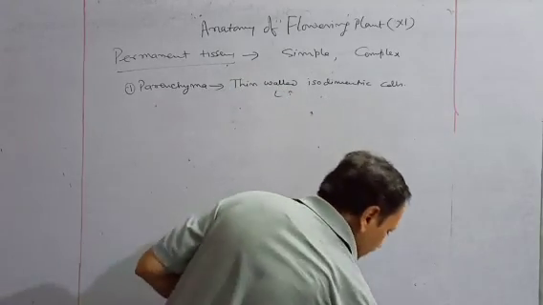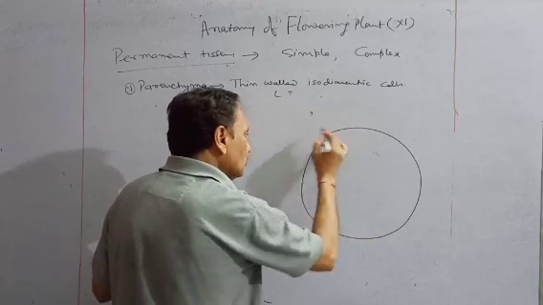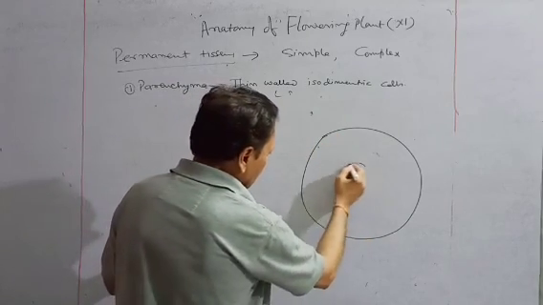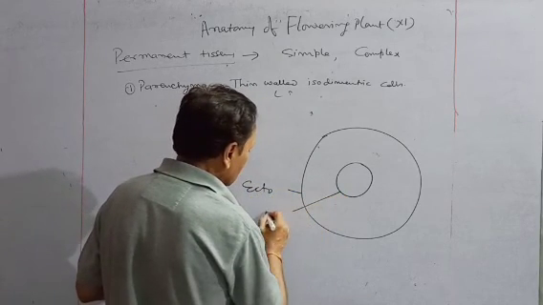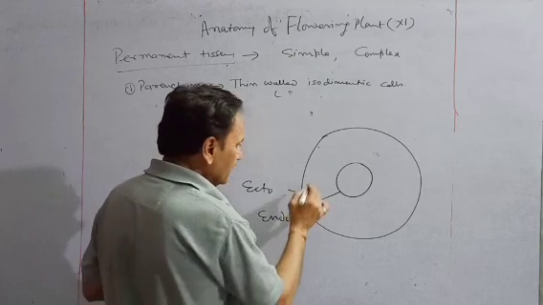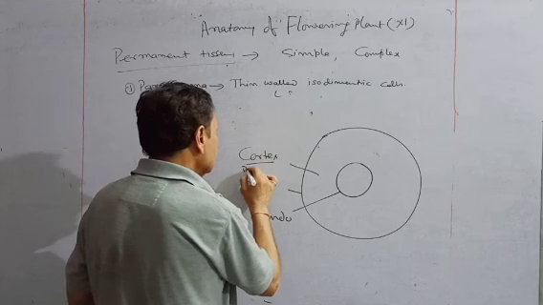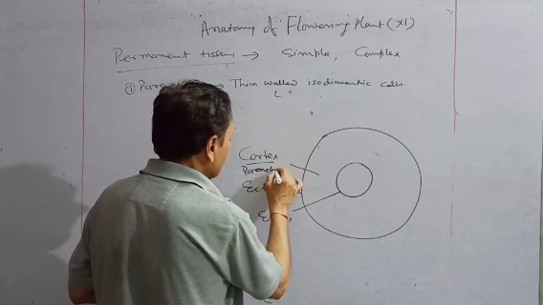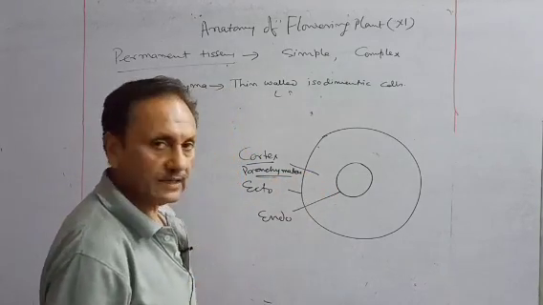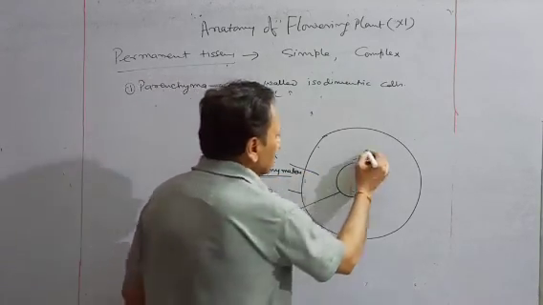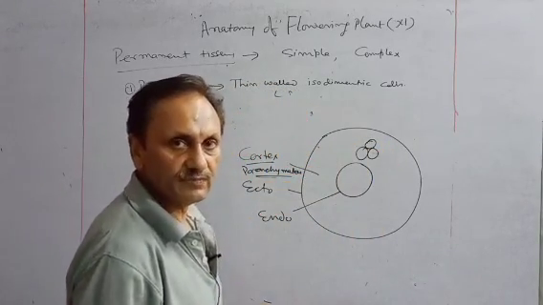If you cut a section of the stem or root, you will see the ectoderm, the endoderm, and this is the cortex. Generally this cortex is parenchymatous. The cells are thin walled, isodiametric, living, having well marked intercellular space.